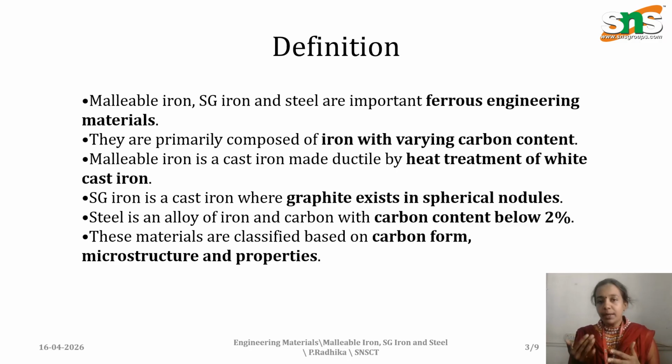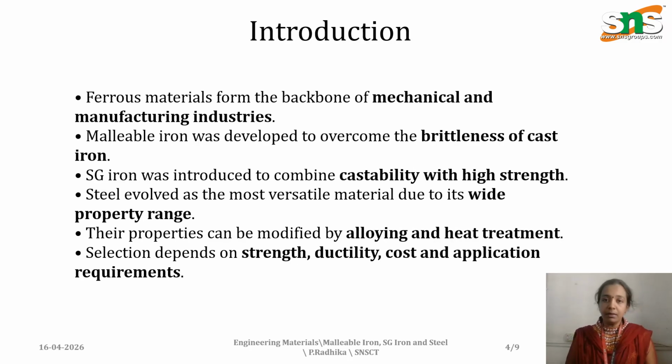Every iron has variations of carbon content in it. These materials are classified based on the carbon form, the structure, and the properties. That is how we classify the materials. The first type is the ferrous material.